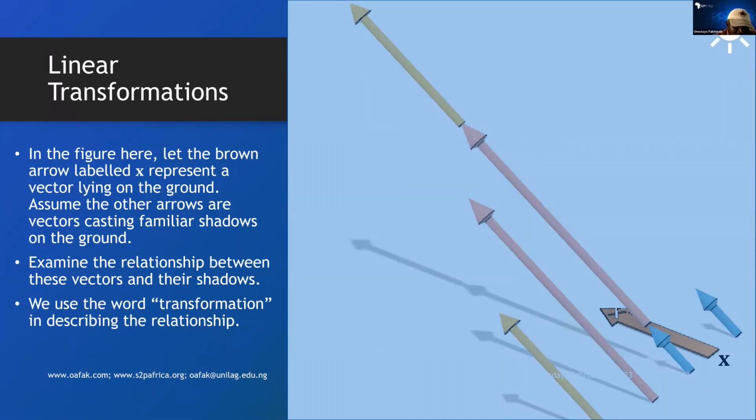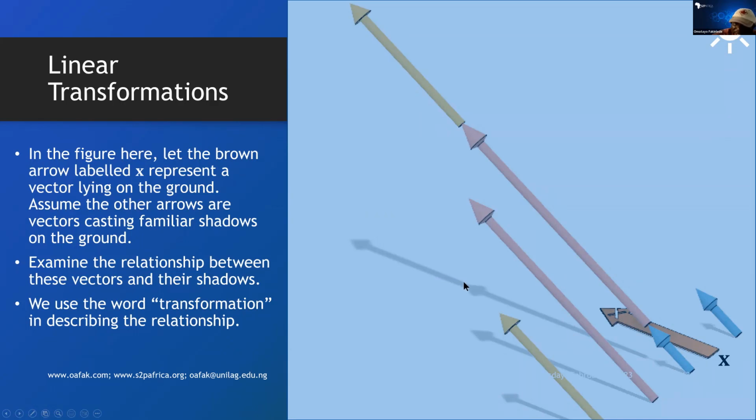Examine the relationship between these vectors and their shadows. We use the word transformation to represent the relationship between the input vector and the output vector. So whenever we talk of transformation, we are talking of how this shadow came from this object, how the shadow that is exactly the same thing as this object came from it.